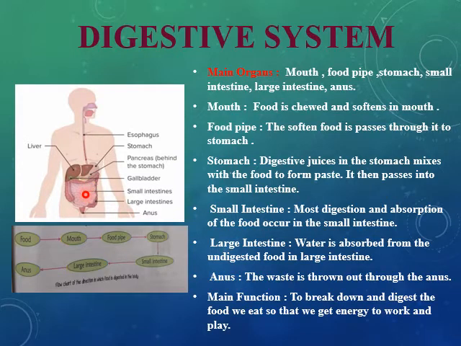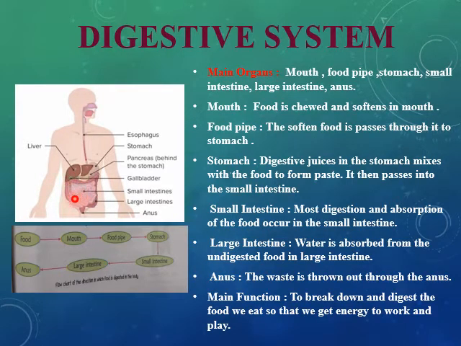In the small intestine, most of the digestion and absorption of the food occurs. The nutrients are absorbed into the blood from the small intestine, and then the undigested food is passed to the large intestine.